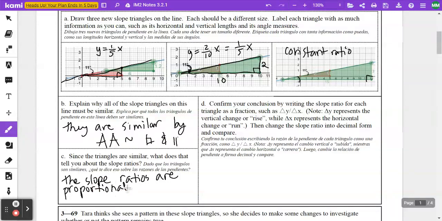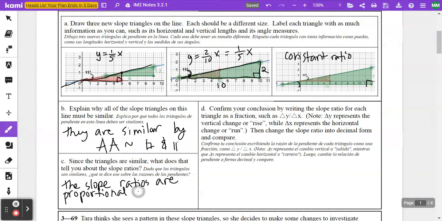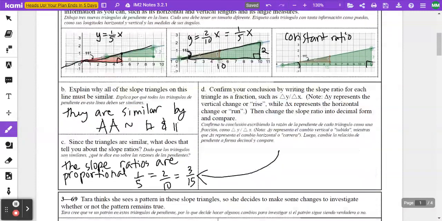And remember, a proportion is these fractions equaling each other. So we have 1/5 equals 2/10 equals 3/15. No matter what triangle we drew from this line, the slope would always be the same. And of course it is, because similar figures have proportional side relationships. Part D is just asking us to do what we did right there, write those fractions.